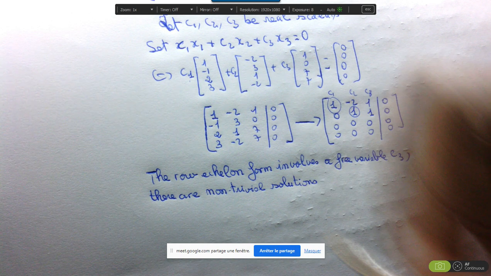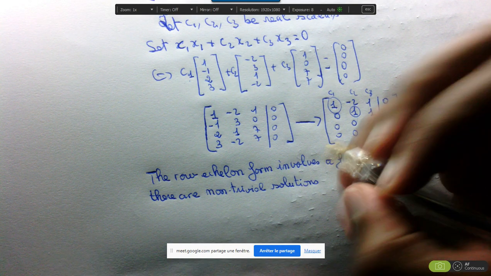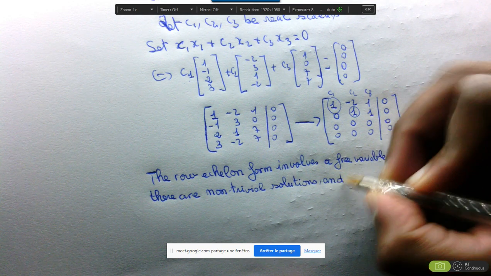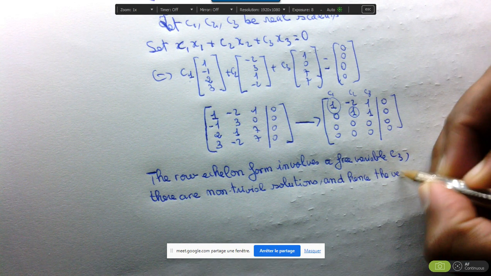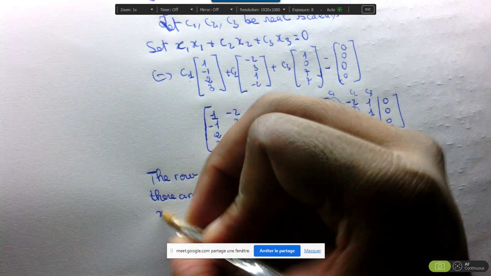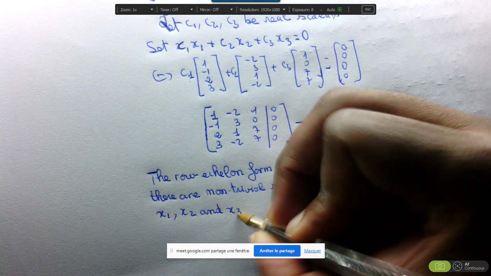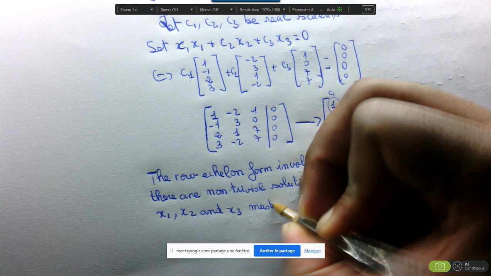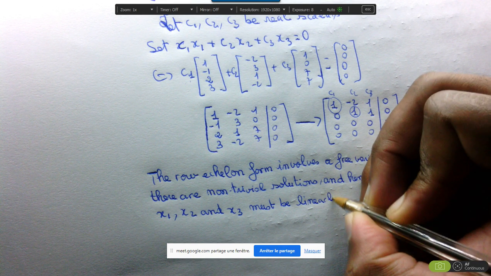If you have a free variable, that means that you have a non-trivial solution, and hence the vectors x1, x2, and x3 must be linearly dependent.